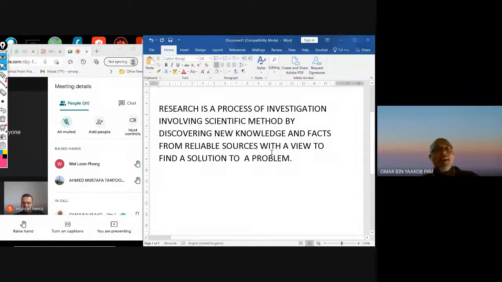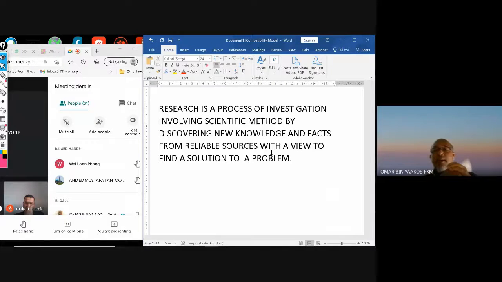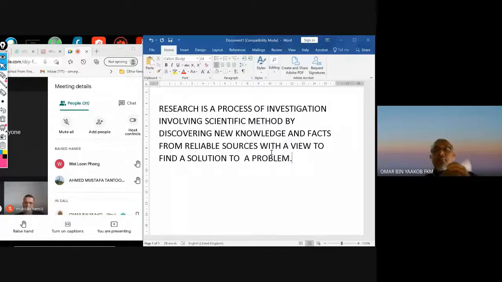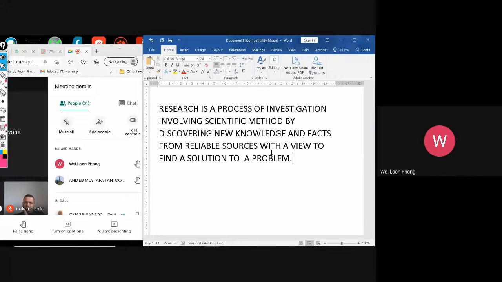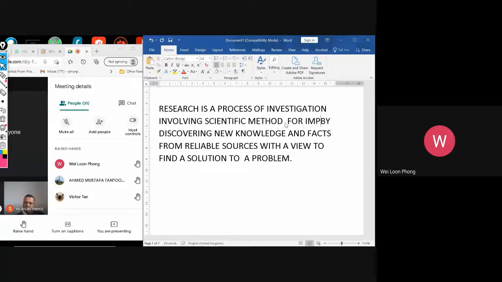Okay, Wei Lun, you want to improve further? Yeah, I think we can add the words for improvement after the scientific method. Then instead of remaining, delete the solution to a problem.